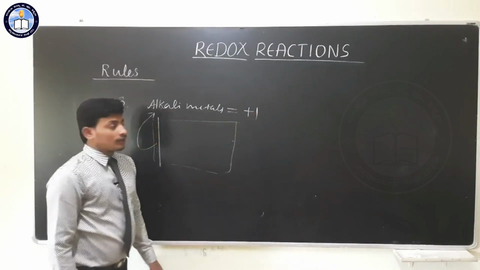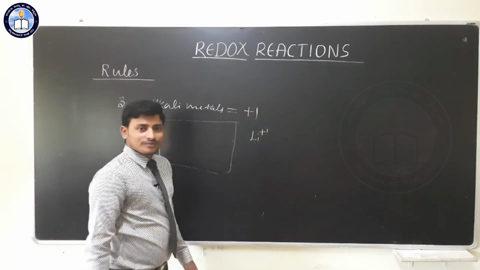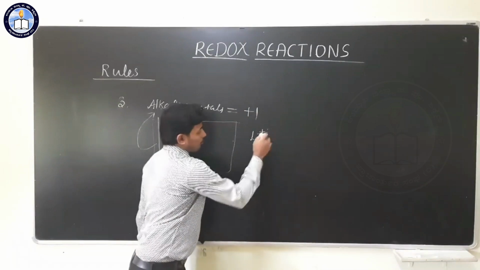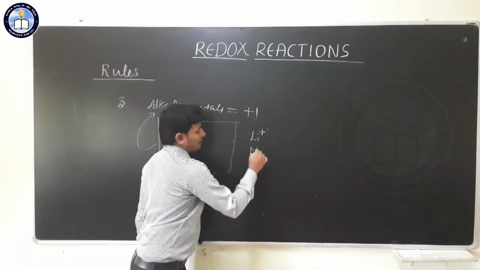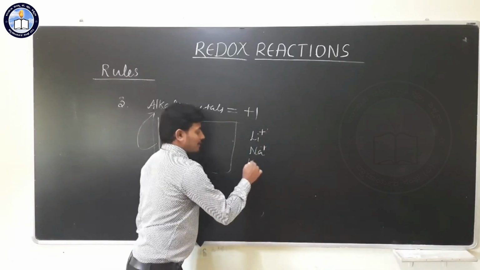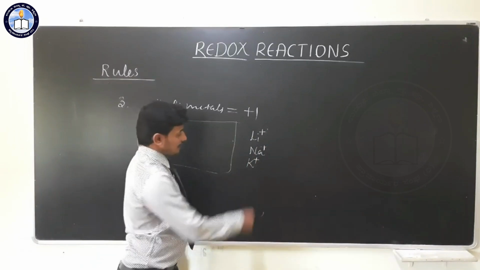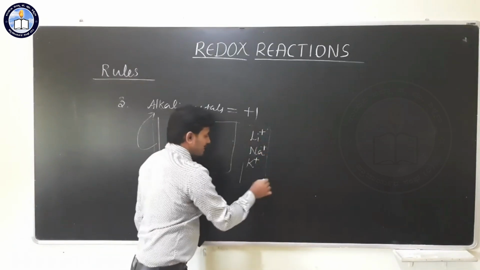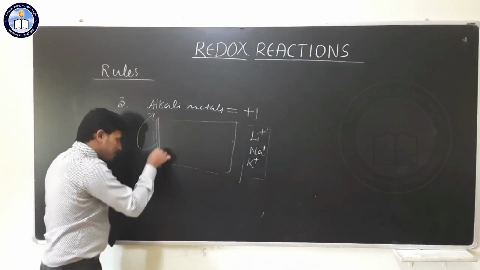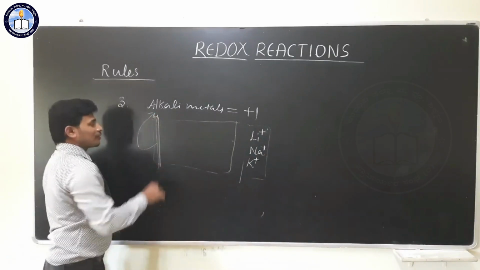For example, lithium +1, sodium +1, even potassium +1. Whatever elements are there in the first group of the periodic table, we have to take +1.